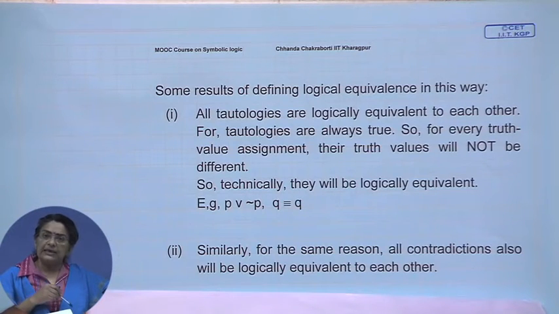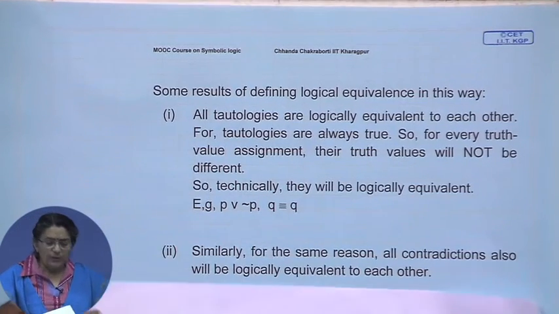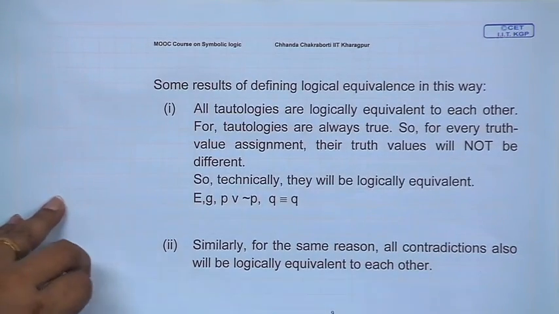So, technically speaking, you will have to say all contradictions are logically equivalent to each other. Now, why did I share this? This is just to show that sometimes there are unwanted cases which pass through the definition, and formal definitions sometimes bring this kind of strange result, but this was one thing to notice.